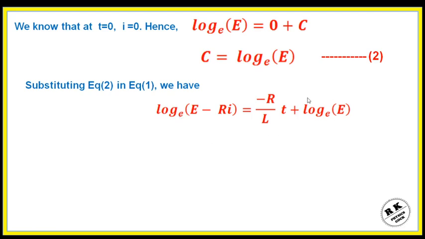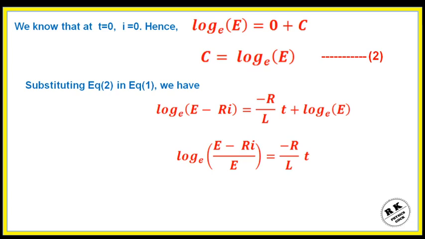Next, log E, the second term of the RHS, is brought to the left side. When it is brought to the left side, it becomes minus. So according to log A minus log B, it can be written as log of A by B. After rearranging the terms, we will get the equation log of E minus Ri by E is equal to minus R by L times t.